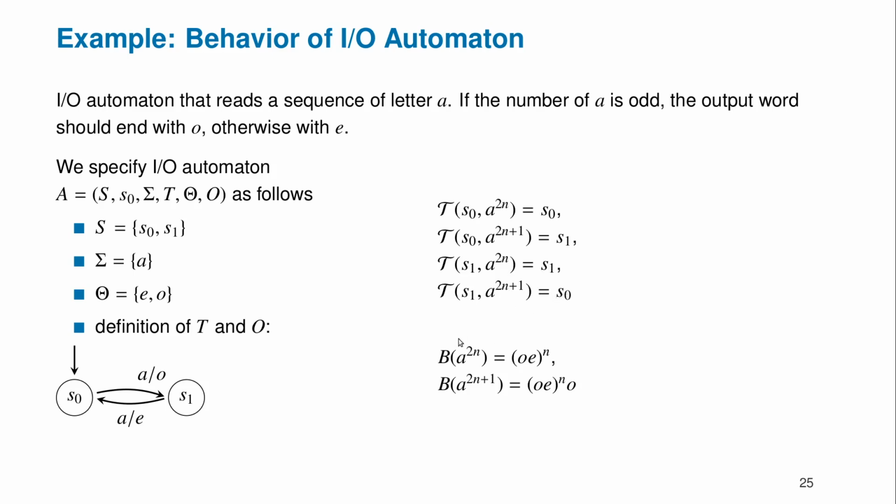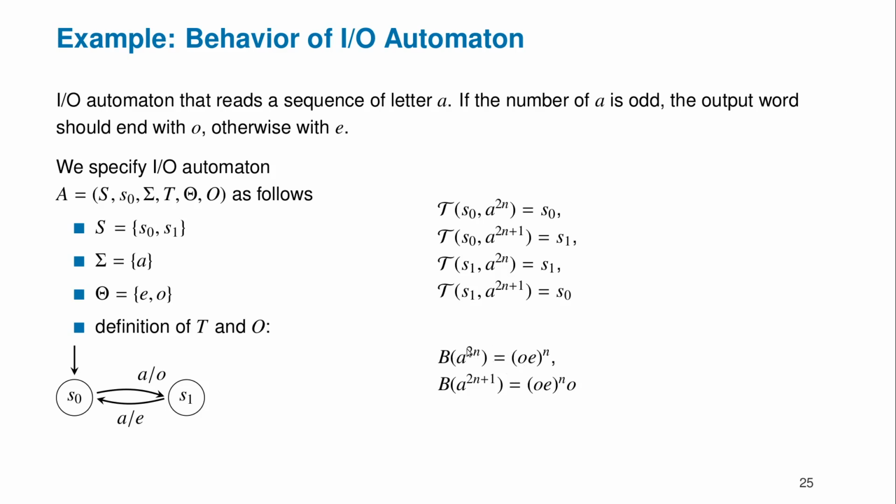And what does this mean for the behavior? We said the behavior is simply the output starting in the initial state. So if we read a word that has an even number of A's, then we produce a string that contains the sequence O, E, n times, if we have 2 times n A's.